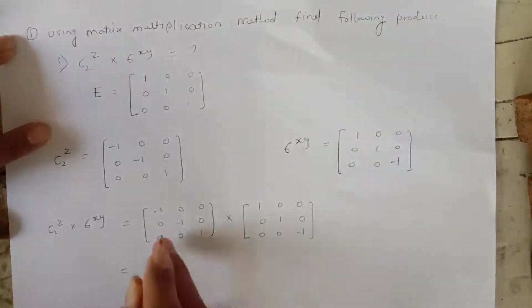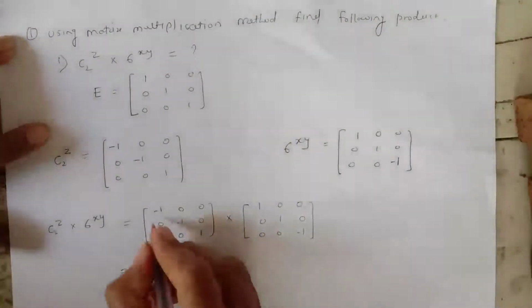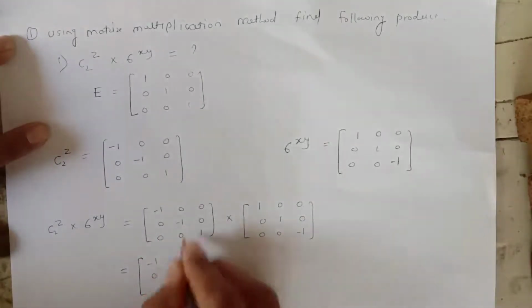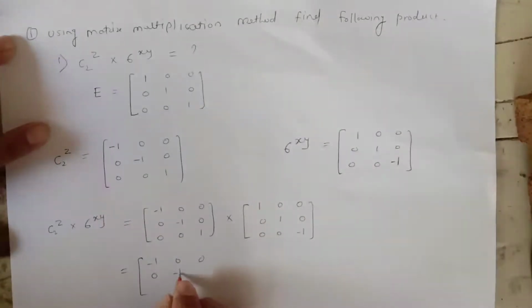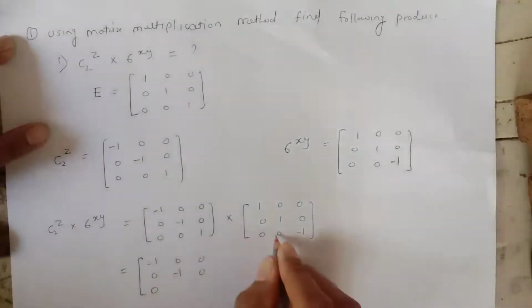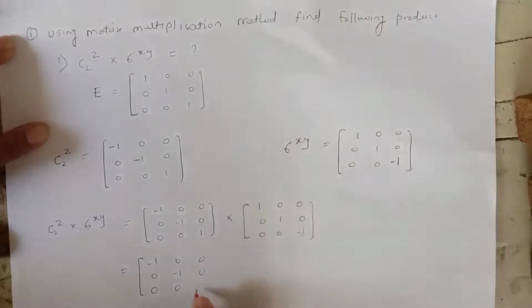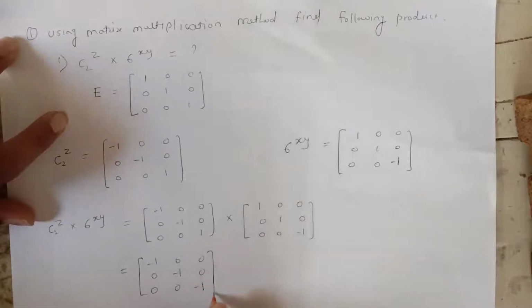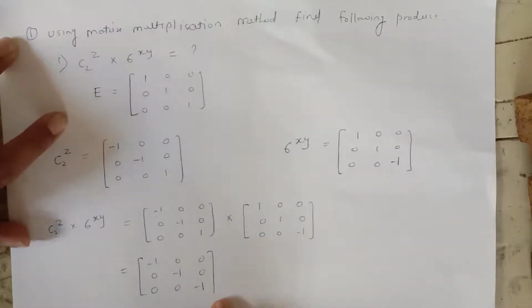Then multiplication is taking place. Minus 1 into 1, minus 1 0 0 0 into 0 0 minus 1 into 1 minus 1 0 into 0 0 0 into 0 0 0 into 0 0 1 into minus 1 minus 1. That means all the diagonal elements are getting negative.